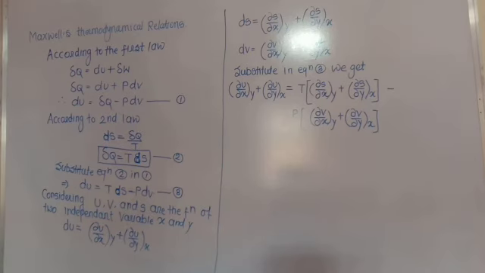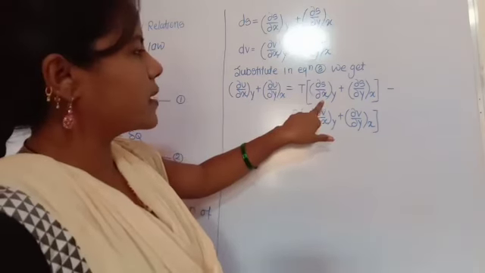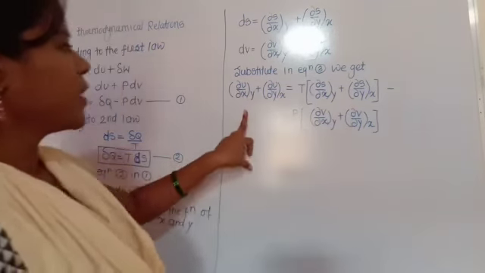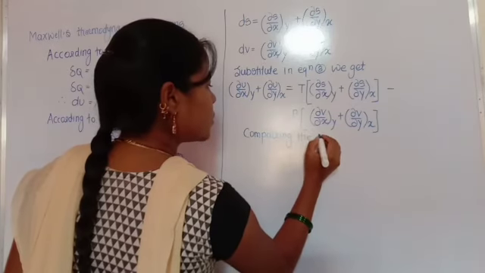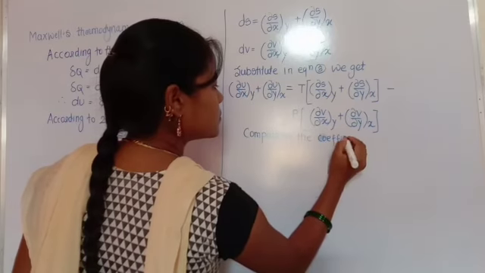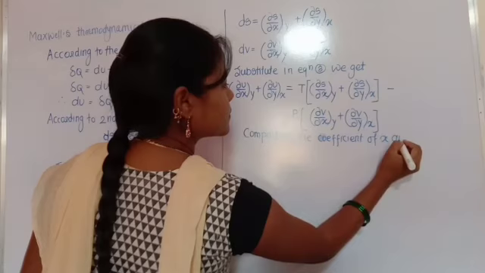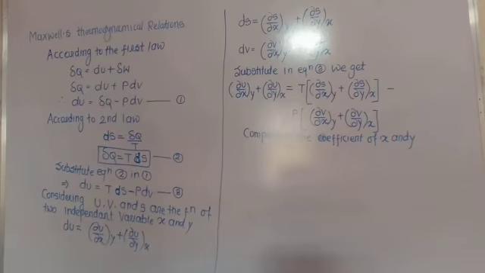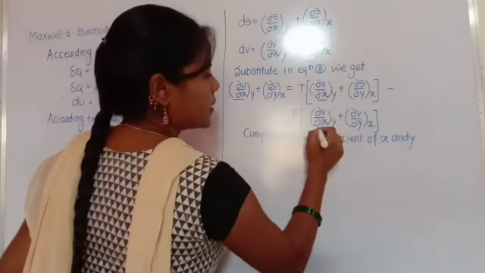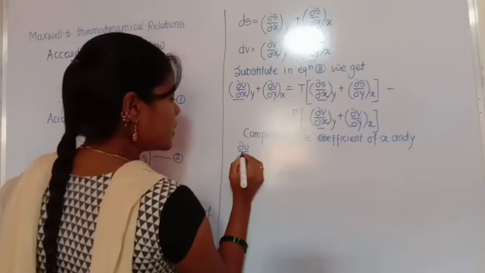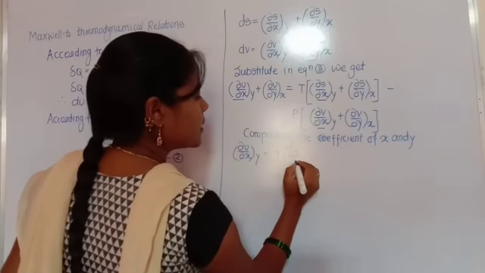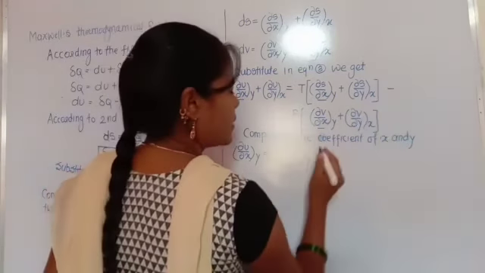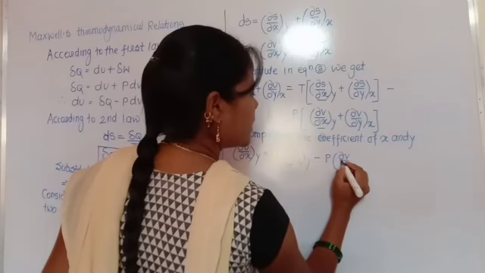Comparing the coefficients of dx and dy, where T is multiplied into both the x and y terms, we get for the x term: del U by del x at constant y is equal to T into del S by del x at constant y, minus P into del V by del x at constant y.